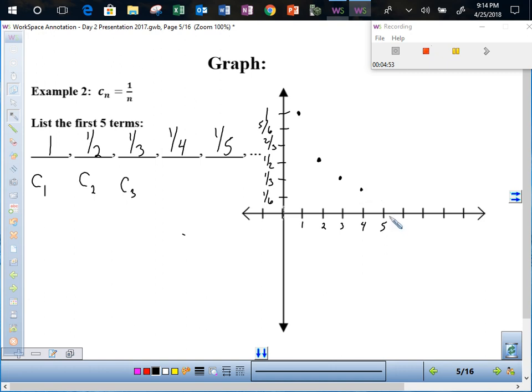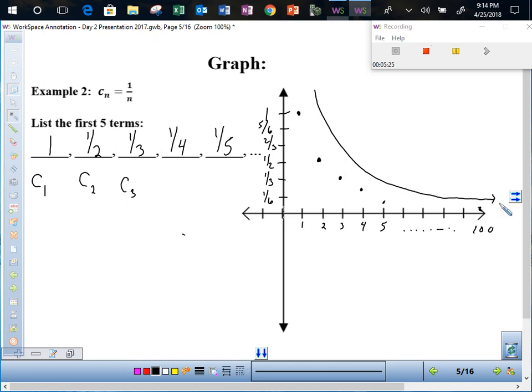And then the value of the fifth term, of course, 1/5, less than 1/4. So look at what's happening. Now, let's look ahead a little bit. Let's pretend that way out here I'm at the 100th term. Well, its value would be 1/100th. Notice that I did not cross the x-axis. So we're not going to connect the dots on this graph, but look at the pattern of what's happening.